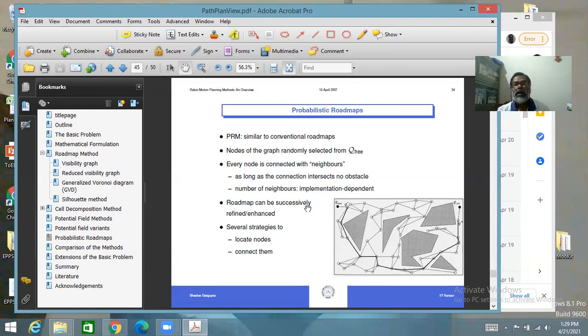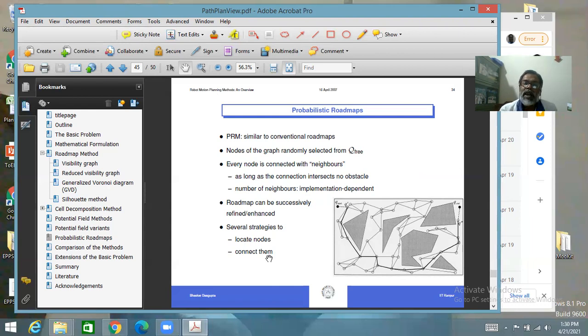Now, later also, if you want to refine or extend the roadmap, you can do that by taking nodes and picking up more neighbors. There are several possible strategies to decide on the way to locate nodes and connect them. That is detailed. You can work out whichever way. There are several publications which suggest several ways.